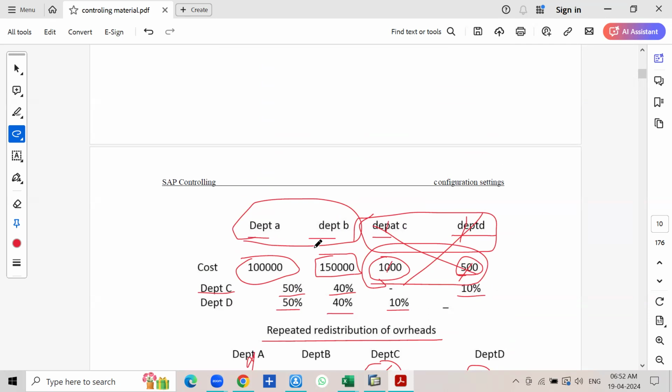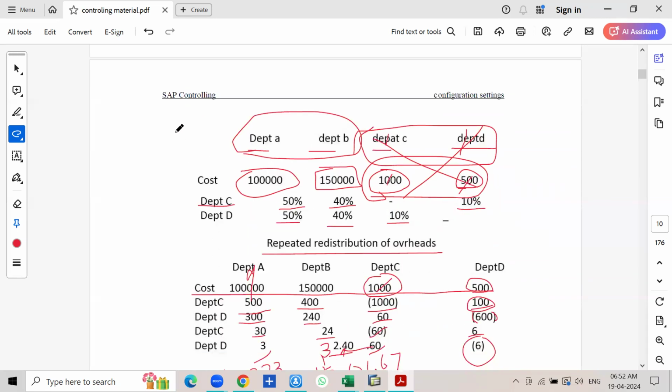In SAP also, we use the same method, but the user will not do it manually. There is just one checkbox somewhere. When you select the checkbox, the system automatically executes this function. The system itself will execute that repeated redistribution automatically by itself.